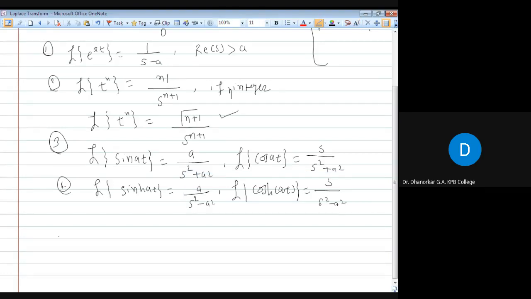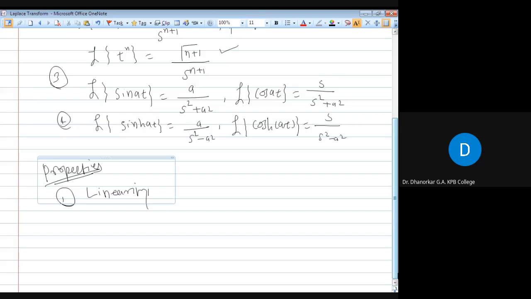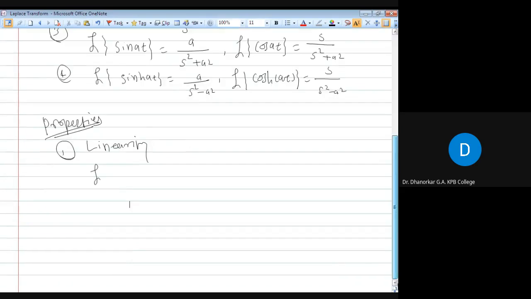Now, here we are discussing the properties of the Laplace transform. Property number one is linearity. What is the linearity property?